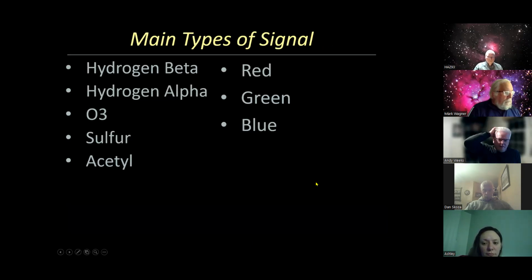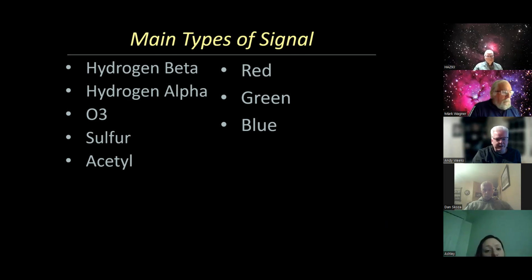So the main types of signal that we want to capture in our astrophotography are, obviously, red, green, blue. And then there are a few of the narrowband signals: hydrogen beta, and we'll get into each of these and what is good about them.